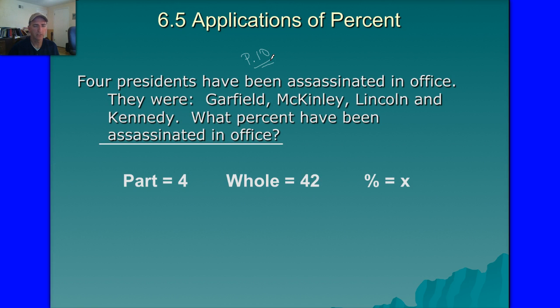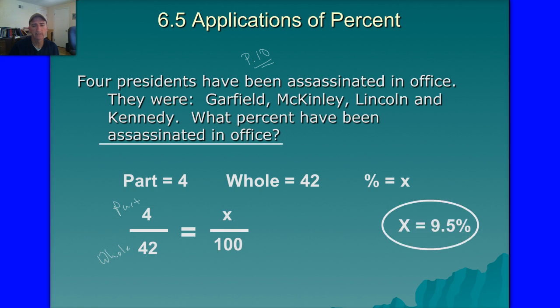The whole is still 42 because there's still 42 presidents, at least at the time when this question was written, we're going to just stick with that. So to set up that proportion, there's your part over whole right there, which is like the is over of. Crisscross and solve that problem, and you'd come up with 9.5%. You may have had 0.095, but that's what it is as a percent right there.